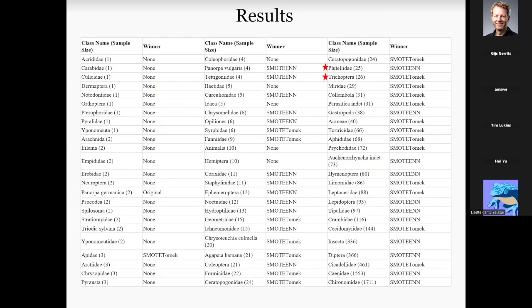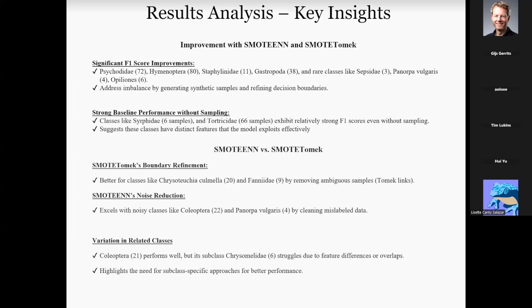Even if we have around 4, 5, 6 samples from a certain class, either SMOTEENN or SMOTETomek has demonstrated better performance. So definitely we have improvements with hybrid techniques, and we address the imbalance by generating synthetic samples and refining the decision boundaries.